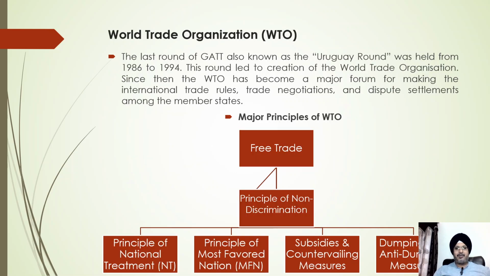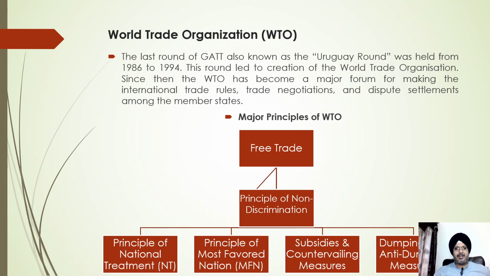As I have said earlier, the basic GATT was the basic forum for the negotiation of the international trade, and it worked through the various rounds. One of the most important rounds under the GATT was the Uruguay round.